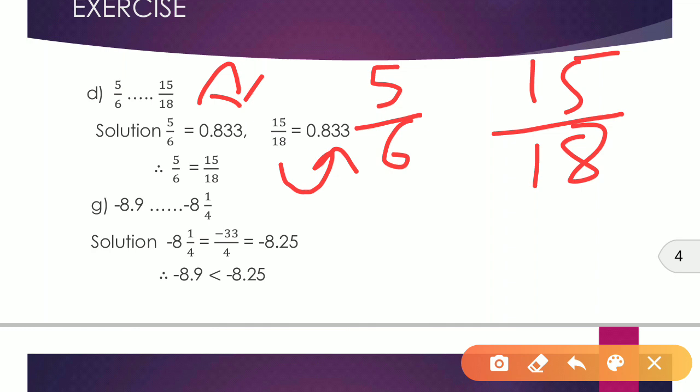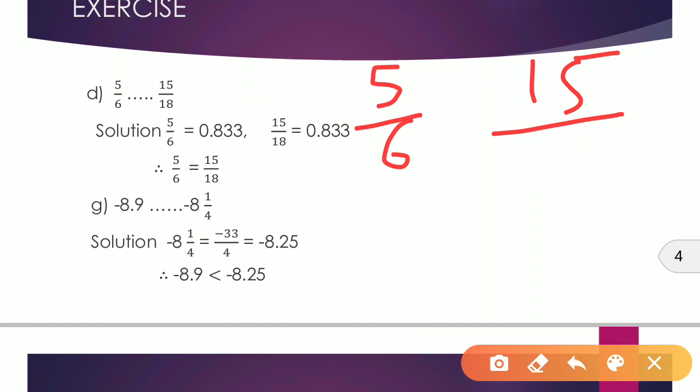Therefore, 5 by 6 is equal to 15 by 18. When you convert 5 by 6 into decimal, you get 0.833, and when you convert 15 by 18 into decimal, you get 0.833. Both are same. That's why we can say 5 by 6 is equal to 15 by 18.